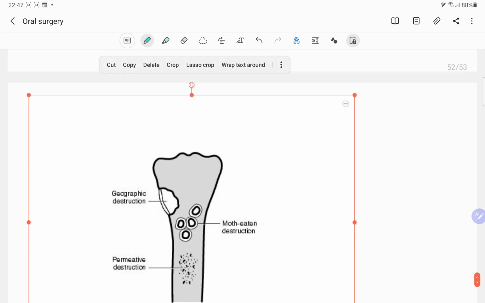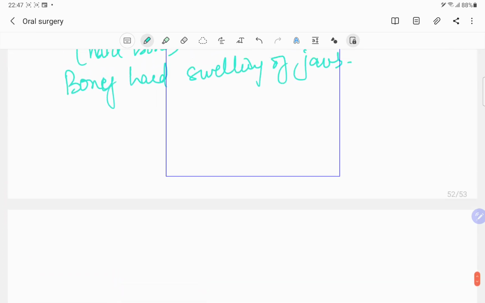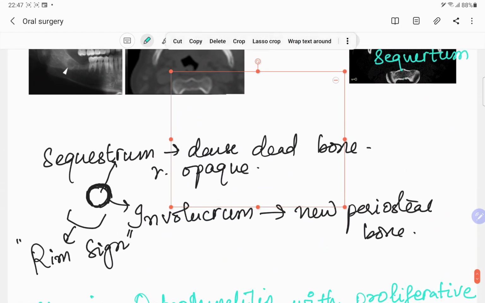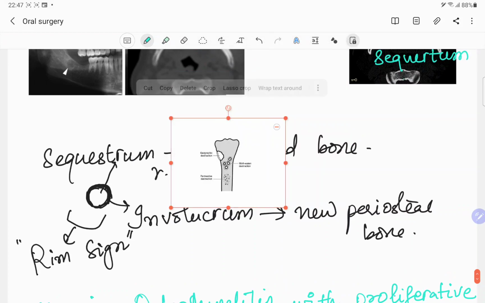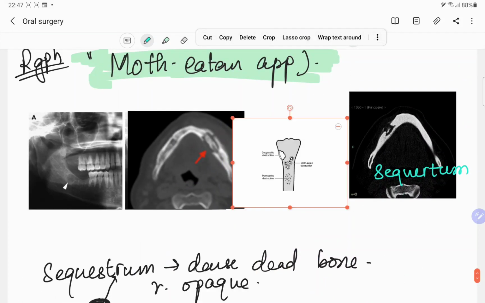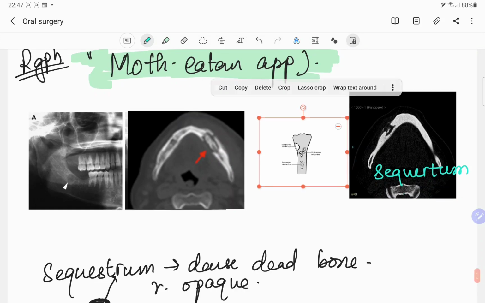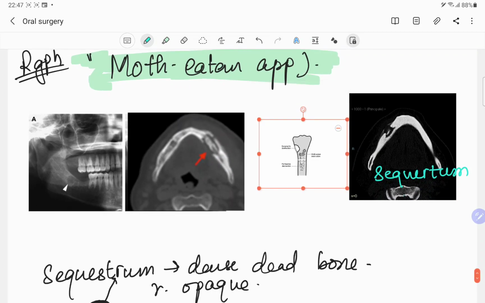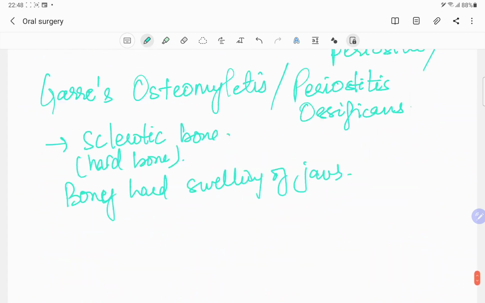So guys, this is basically the moth-eaten appearance. If you can appreciate, there is sclerotic bone, and surrounding this sclerotic radio-opaque white bone, which is the sequestrum, there is involucrum.